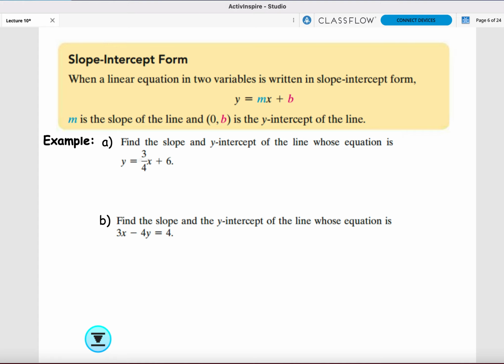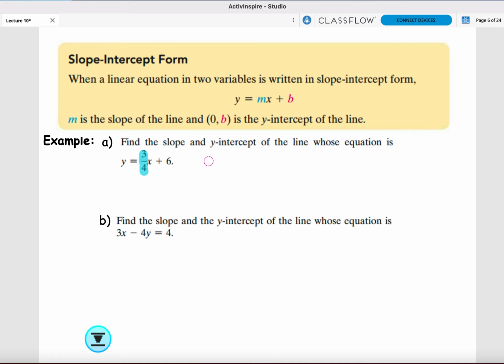When a linear equation in two variables is written in slope-intercept form, y equals mx plus b, m is the slope of the line, and b is the y-intercept of the line. So that's correct. Remember, m is the slope, right? M is next to the x, you see m is right here next to the x.